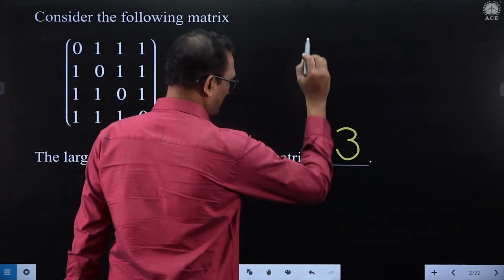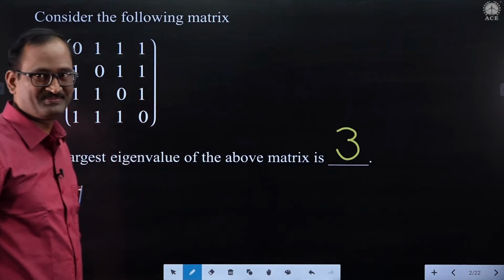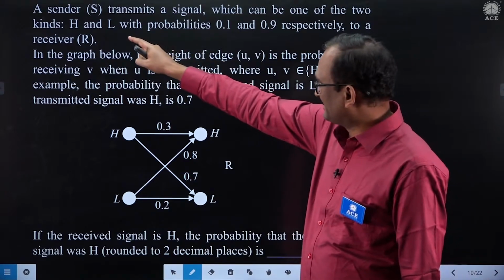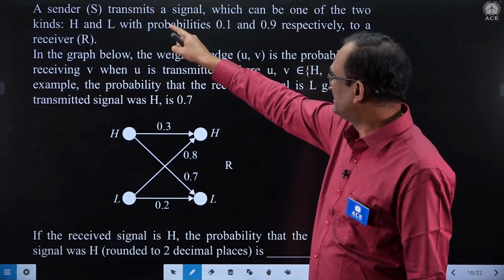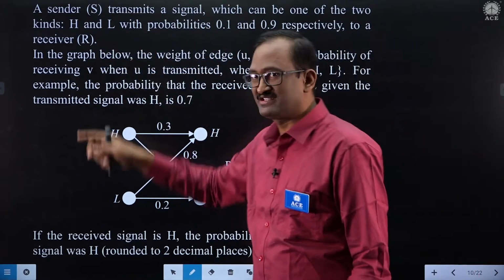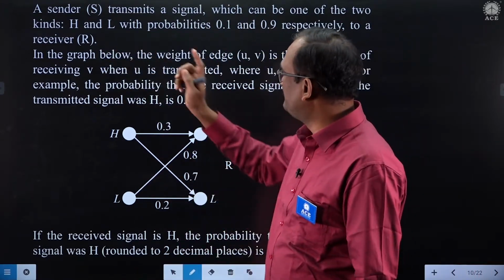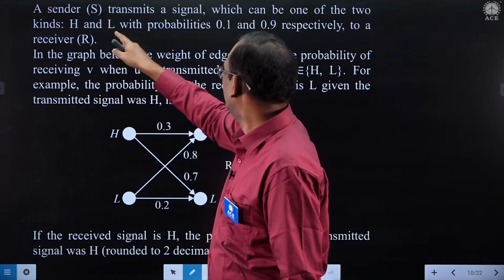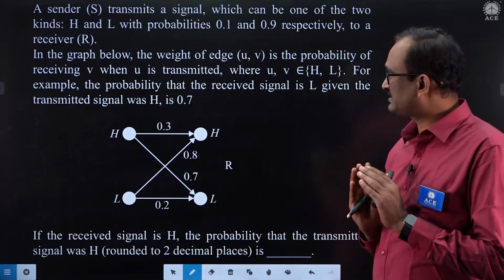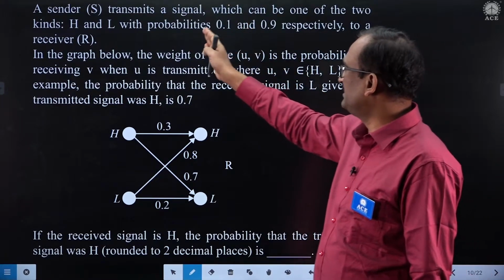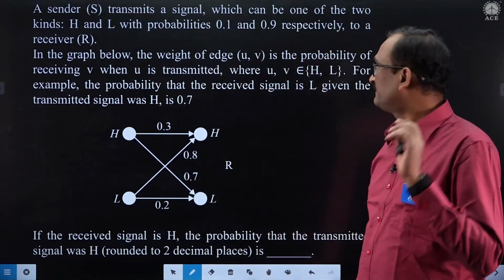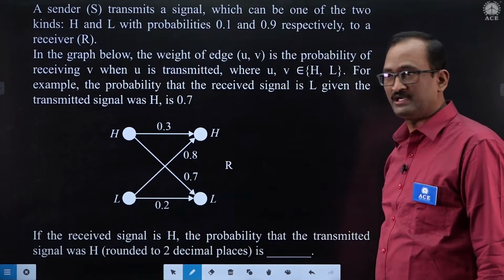This is a fill in the blank question. Let us see the next problem. First, read the given problem. A sender S transmits a signal which can be one of two kinds, either H or L, with probabilities 0.1 and 0.9 respectively. That means the probability of transmitting H is 0.1, and the probability of transmitting L is 0.9.